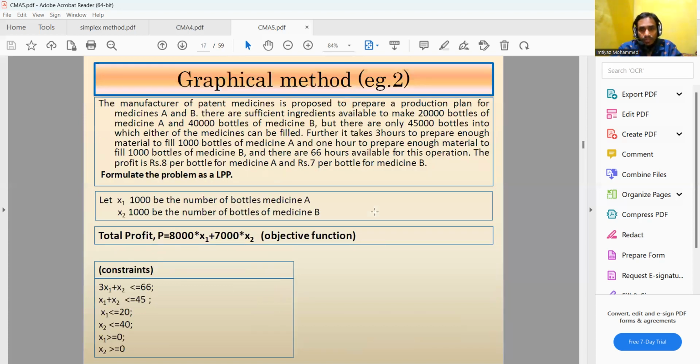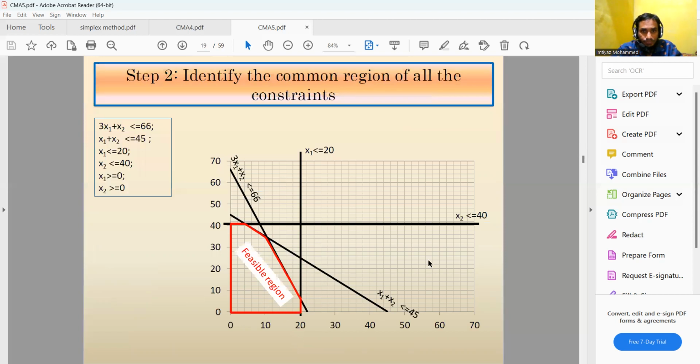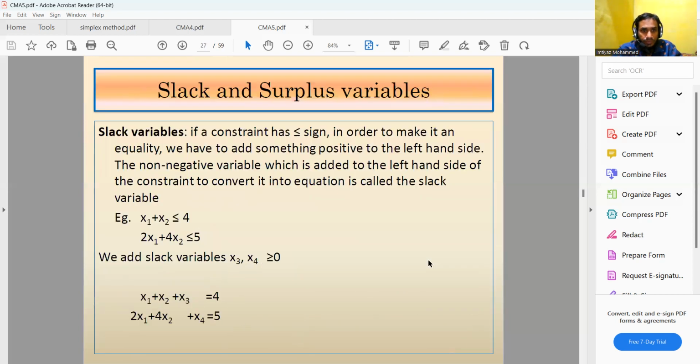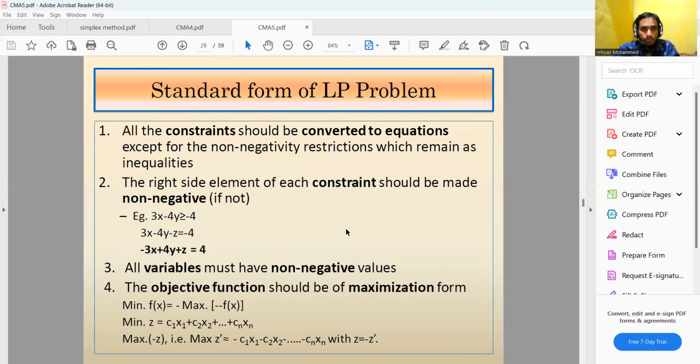Because of the time constraint, I'm not having much time now to go for a full-fledged explanation. So these are some of the problems on formulation of LP, and one problem on the simplex method, which I've already mentioned to you. You could go through some of the theory concepts which are required in order to do the problem on LPP simplex method, and also the big M method.